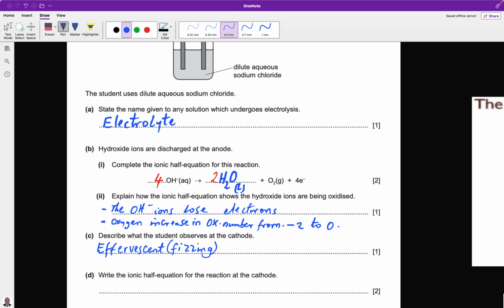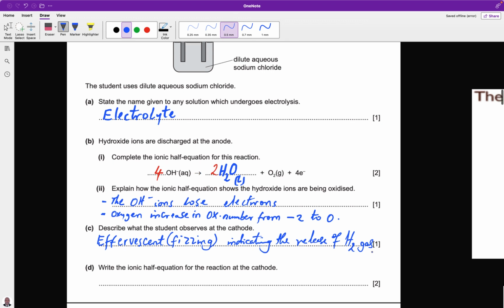Effervescence or fizzing indicating the release of hydrogen gas.